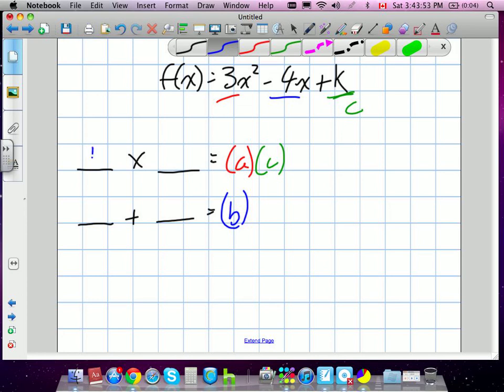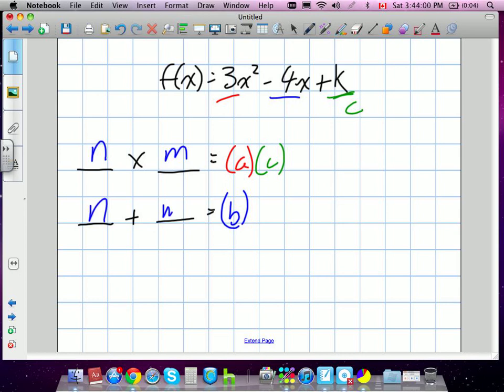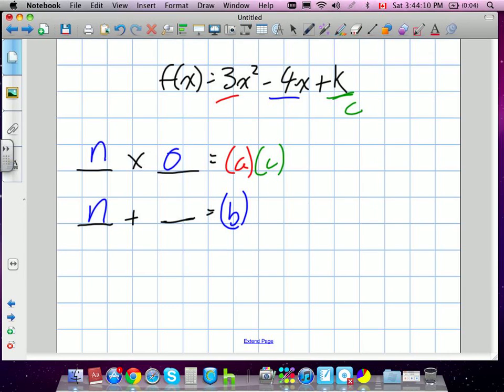So we're going to plug in some values there. We're also going to give values to our missing things. We're going to call them, in this case, well, there's already an x involved in this and a y, so let's call them n and m. Let's go with n and o, just so it's a little easier to say.